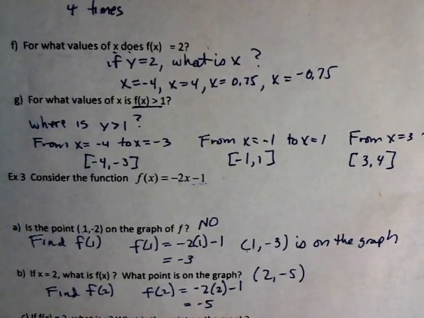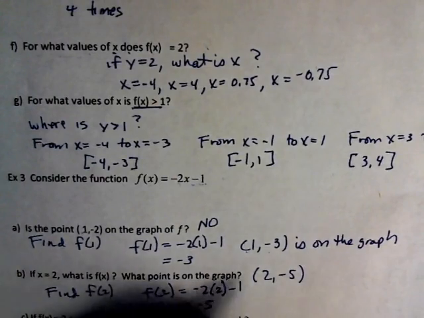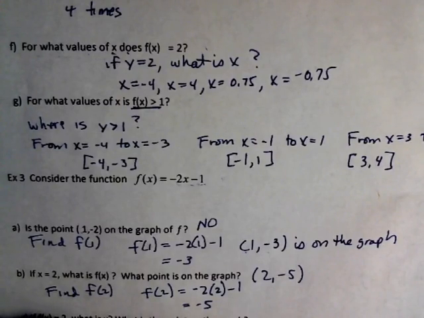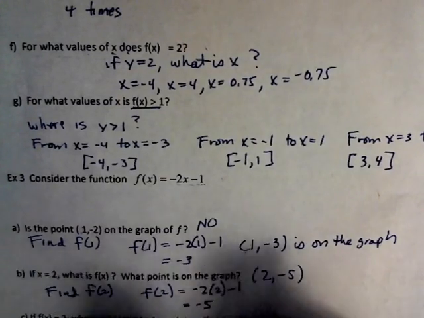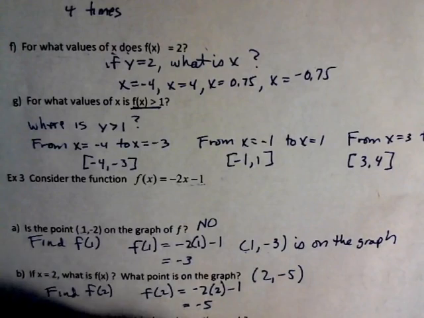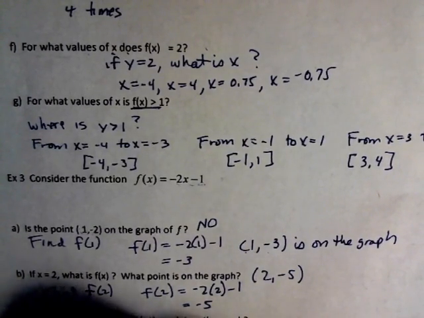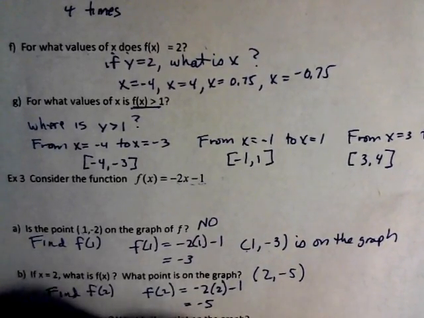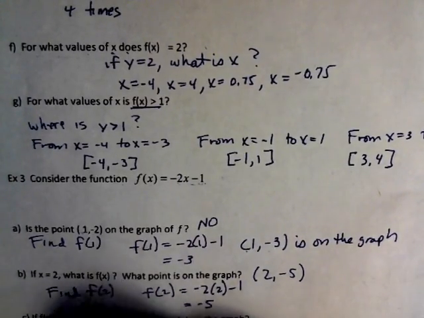Part C, if f of x is 2, what is x? So in this case, y is 2. We want to find x. So then what we do is we say negative 2x minus 1 equals 2, because that's y. And then we solve for x.